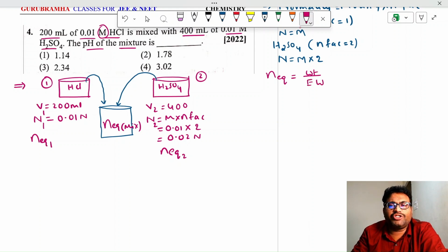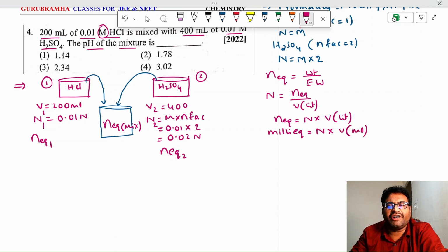When you add these two with no reaction, there will be no change in the number of equivalents, they just get added up. Another formula: normality is equal to number of equivalents by volume in liters, so number of equivalents is normality into volume in liters. Or milli equivalents is normality into volume in milliliters.